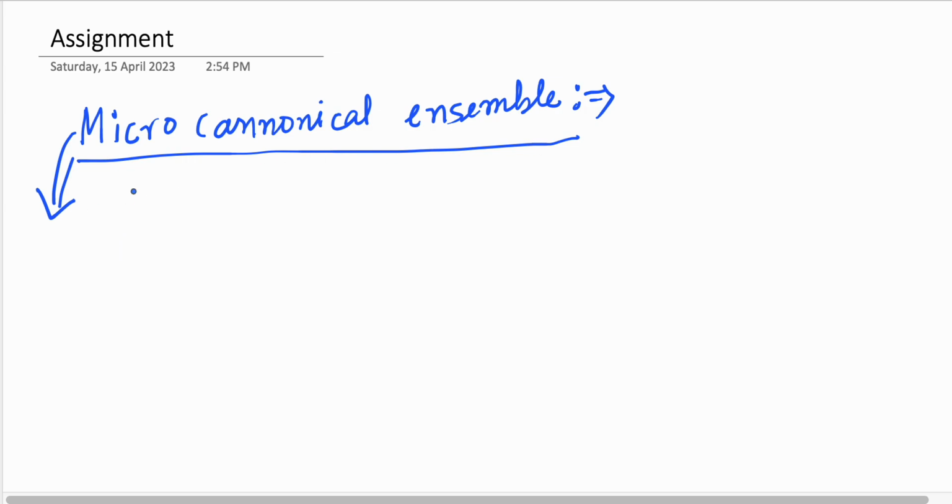So we define the microcanonical ensemble by its entropy.